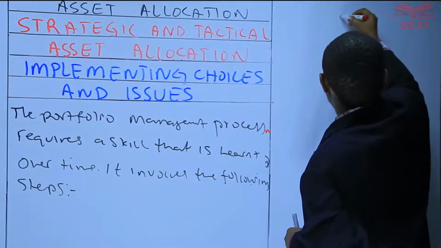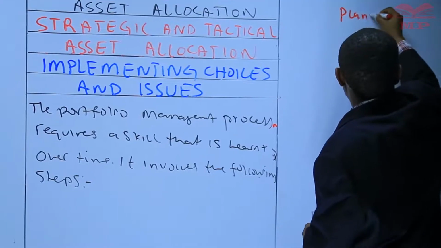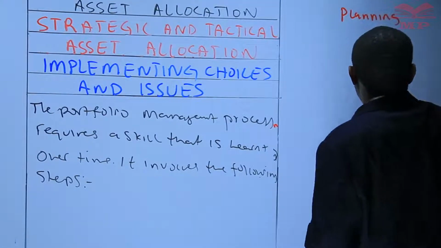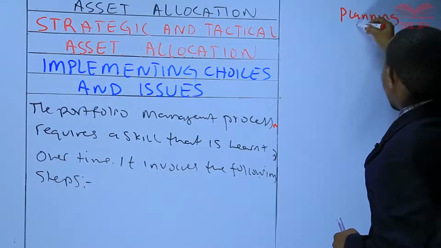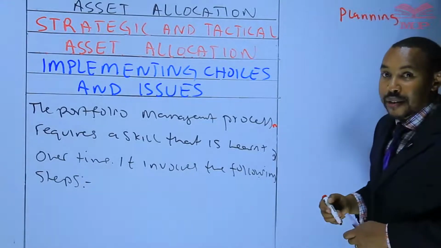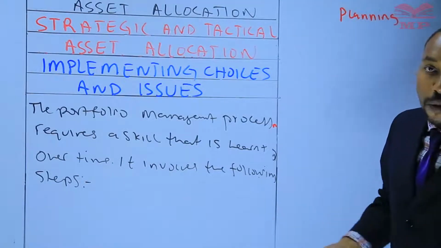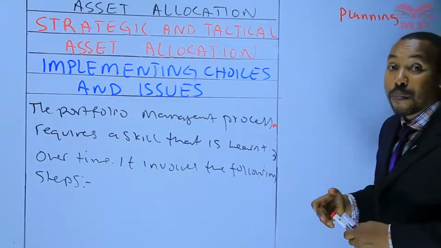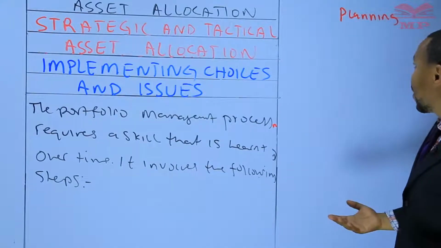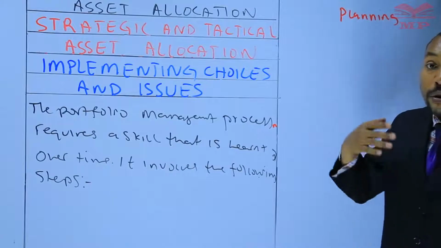So planning. Once you form the planning, and I said planning requires the analyst, the investment banker, the portfolio manager to formulate the portfolio, trying to identify asset classes in which they're going to invest.